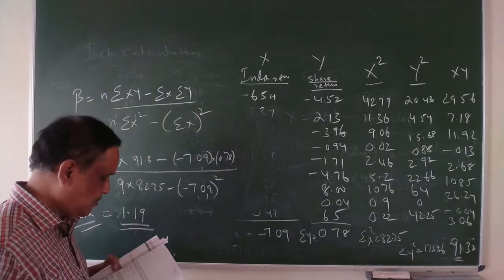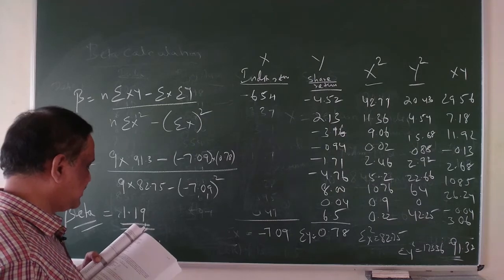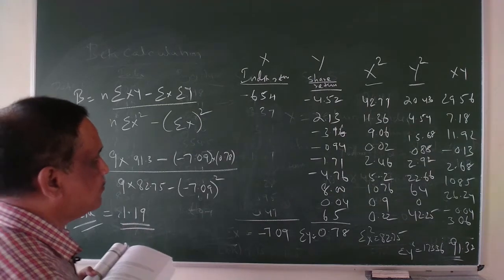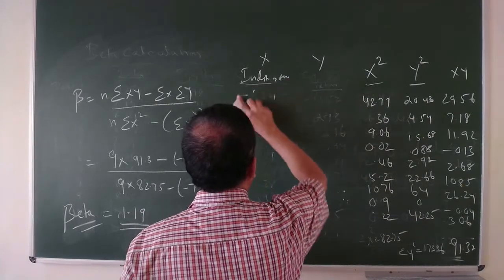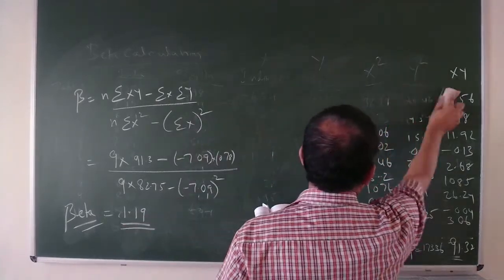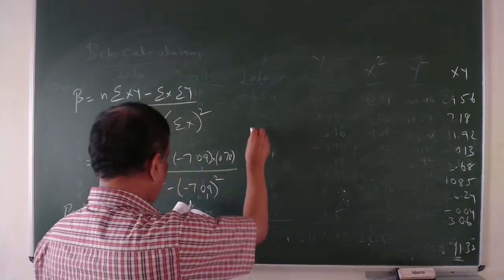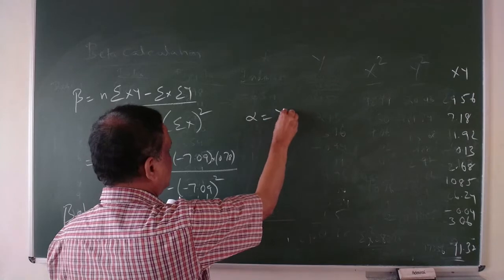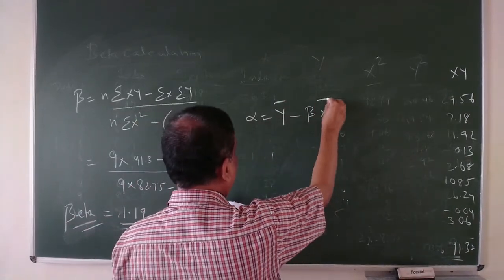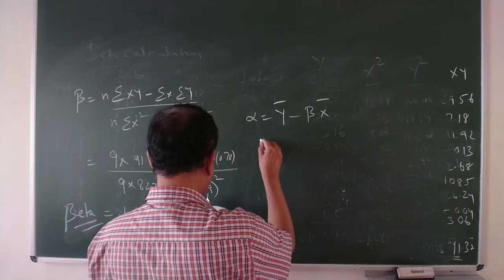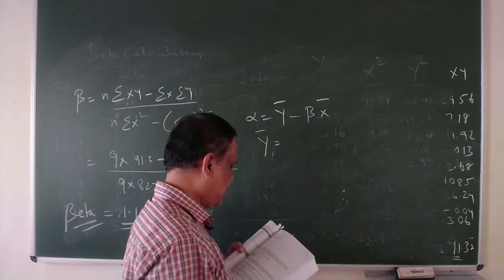Okay. Now, let us find out what is alpha. So, the formula for alpha is y bar minus beta into x bar, where y bar is average of y.